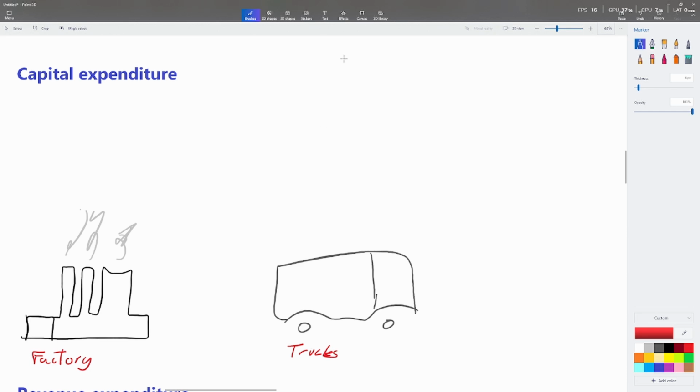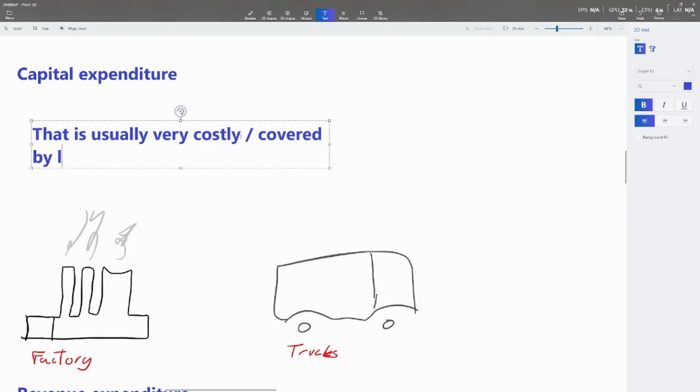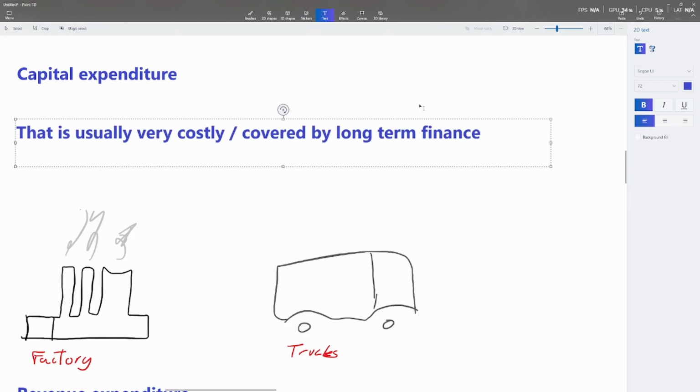You can always understand that capital expenditure is something that is usually very costly, and therefore it is also covered by long-term finance. Long-term finance means that people take time to actually pay it back.